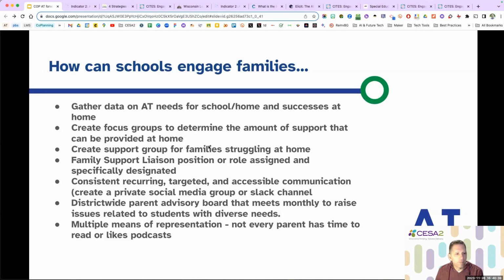A district-wide parent advisory board, and also remembering that not every parent has time to read the research or likes listening to podcasts. So even when we do it with students, we have multiple means of representation. We have blogs, we have podcasts, we have PDFs, we have YouTube videos, right?